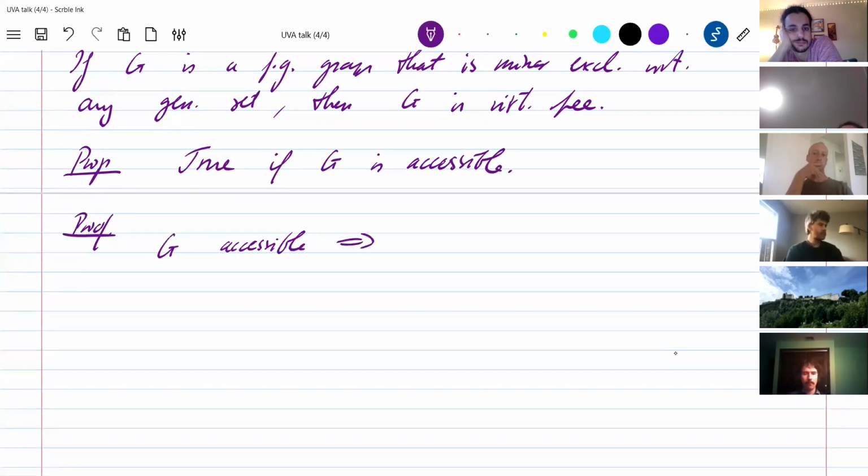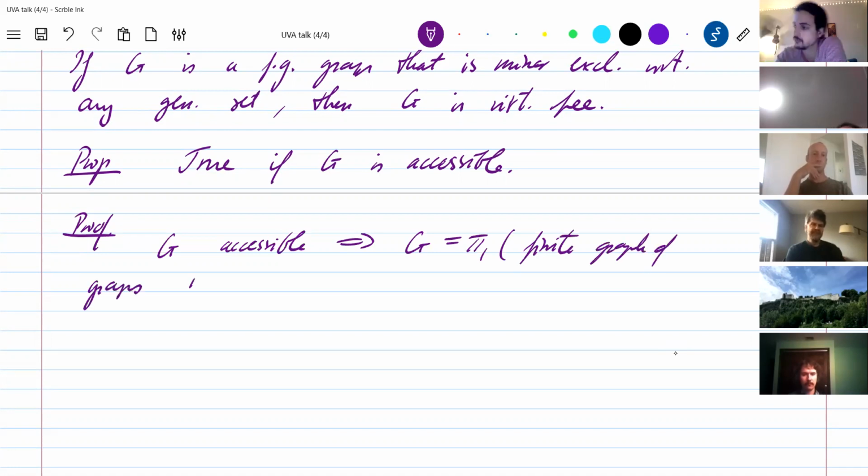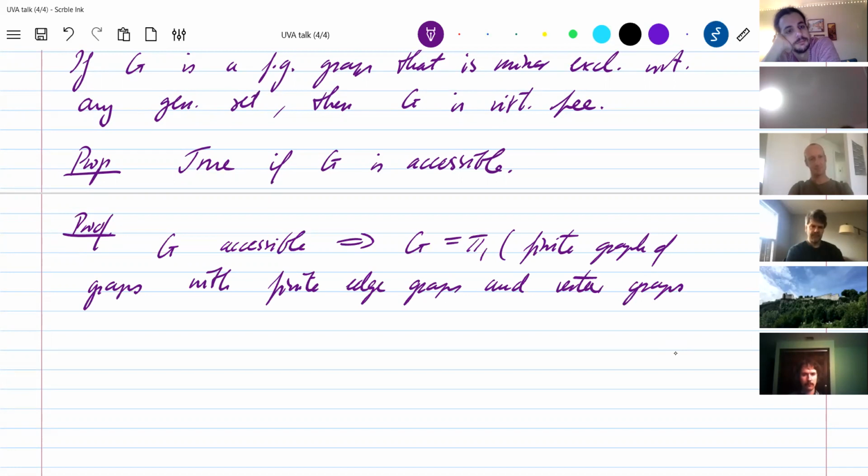So what this means in the language of Bass-Serre theory is that G is the fundamental group of a finite graph of groups, finite edge groups, and vertex groups with number of ends being at most 1.